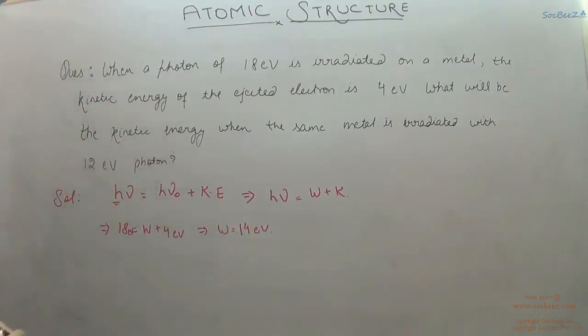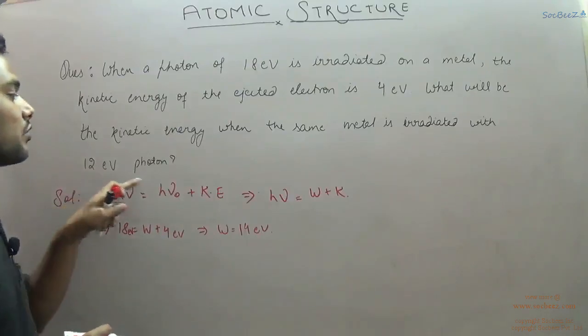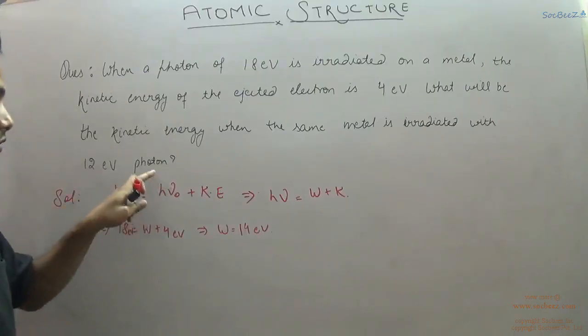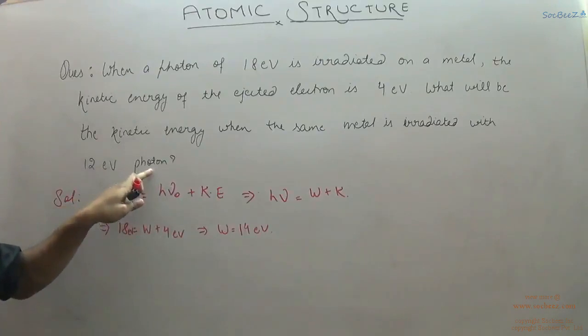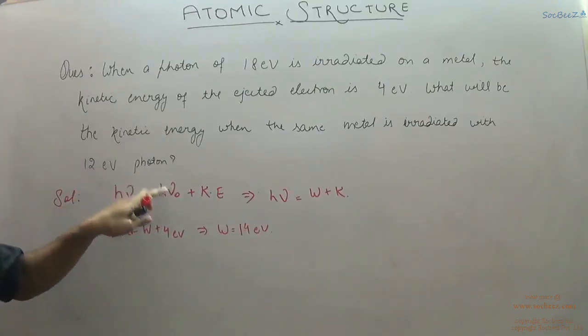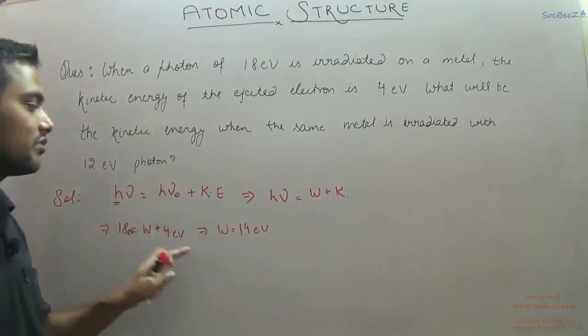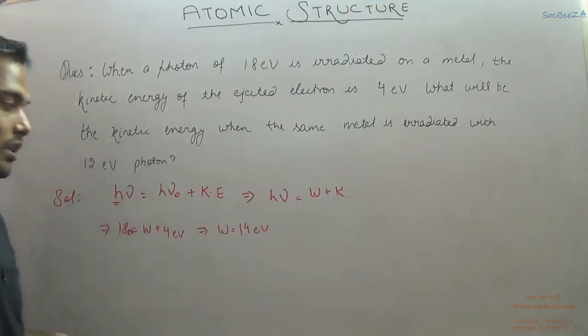Now, if the same metal is irradiated with a 12 electron volt photon, as we can see, it does not exceed the work function or the threshold energy of the metal.